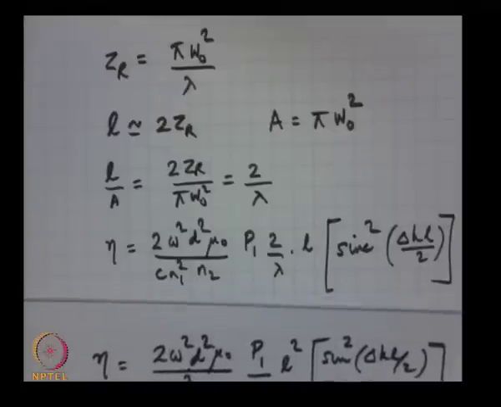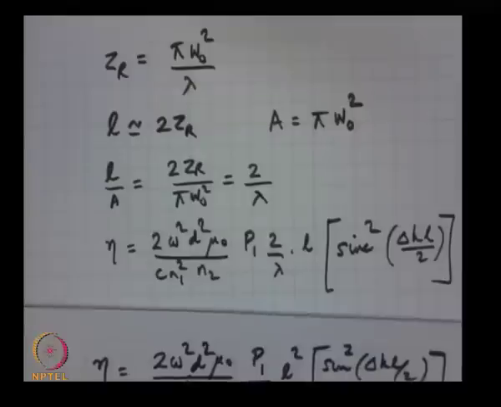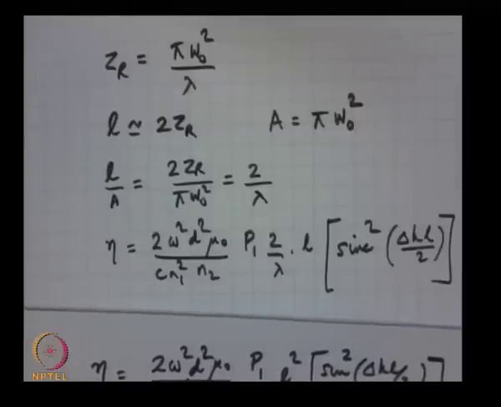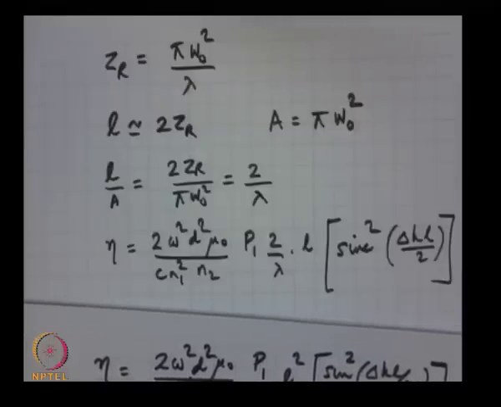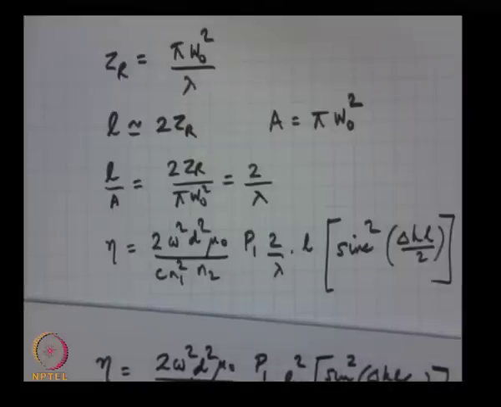So what you find is, when you are phase matched with plane waves, the efficiency increases quadratically with length of interaction. If you double the length of interaction, you will have 4 times the efficiency.